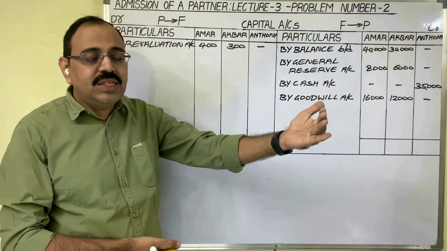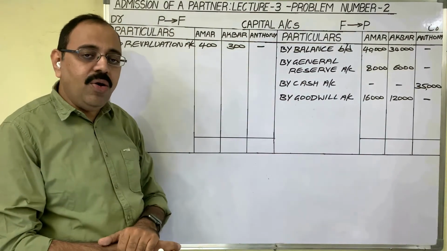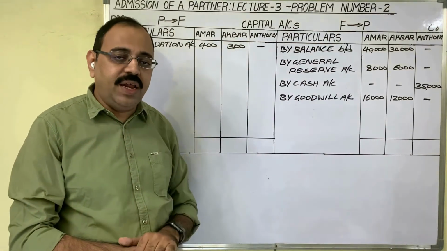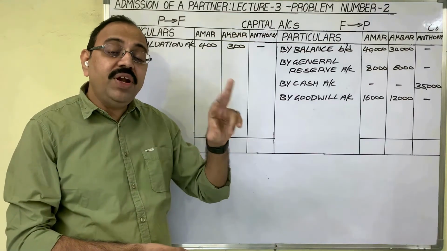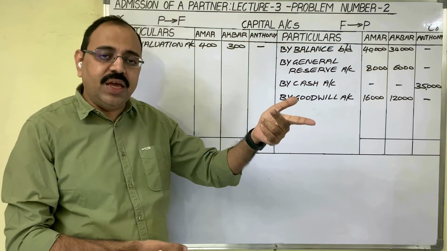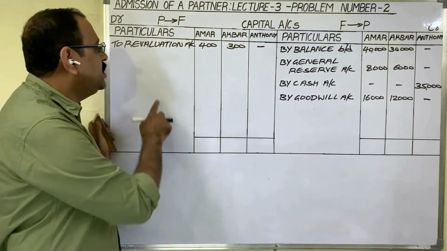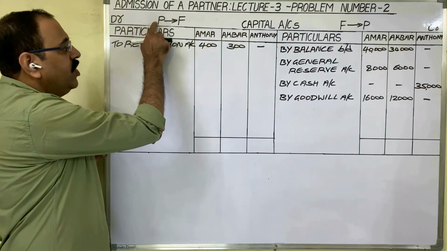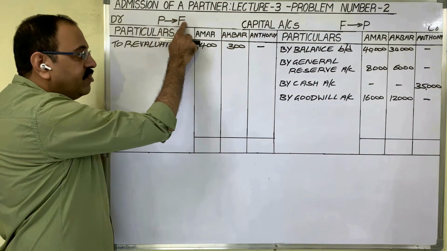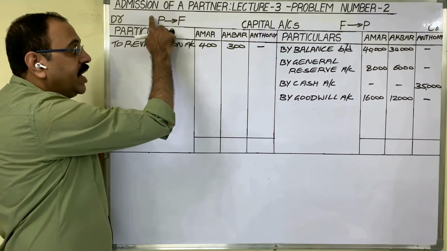Same point in another manner also I will tell. If a partner is receiving any benefit, we should write on the debit side. Suppose a partner is retiring, then the benefit which he received previously, now he has to return to the firm. So on the debit side, we should show the amounts which the partner should return to the firm at the time of retirement.